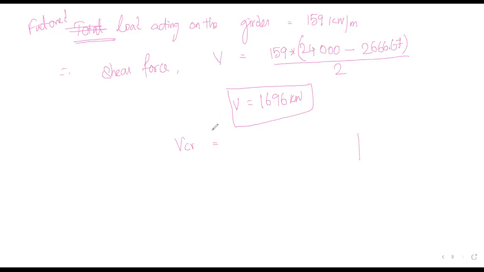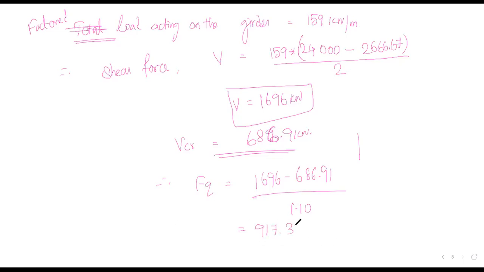That value is around 686.91. Therefore, the remaining force FQ is equal to (1696 minus 686.91) divided by 1.10. The value becomes 917.36 kilonewton.